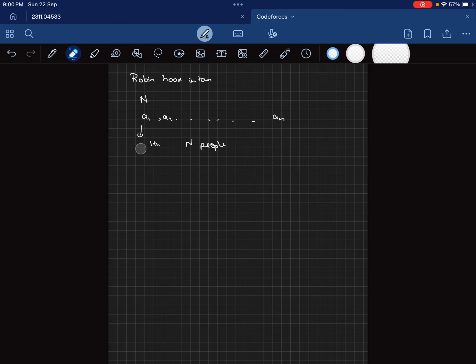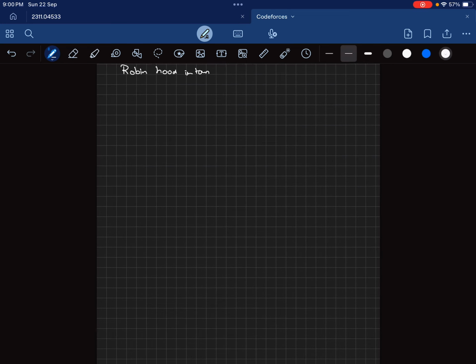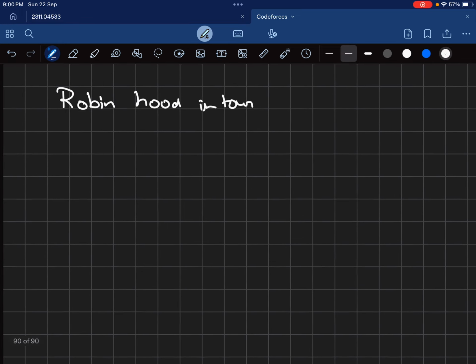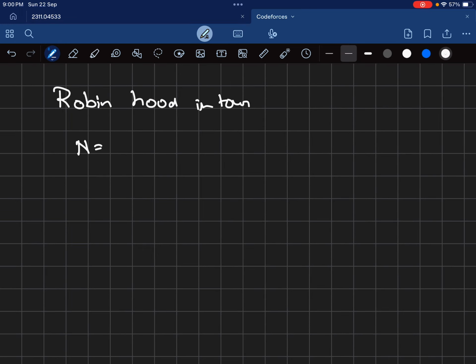In order to solve this question, we'll make a few observations. First is when n equals 1 or n equals 2. If n equals 1, there will be only one person, and his wealth will always be greater than half of the total wealth, because he is the only person here.